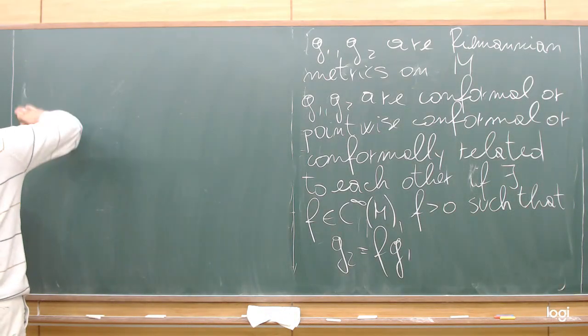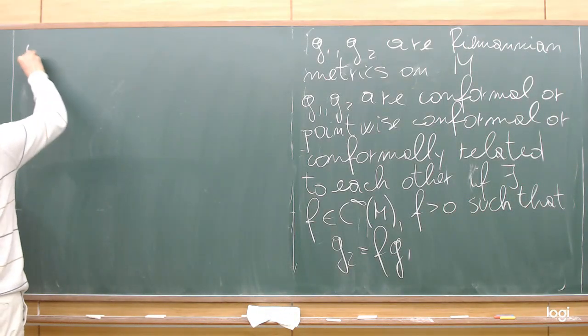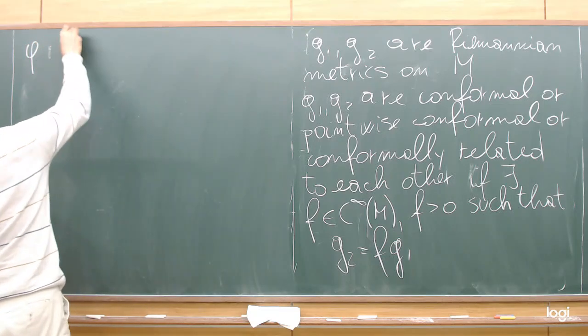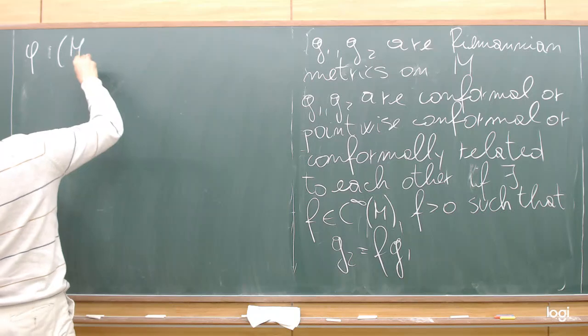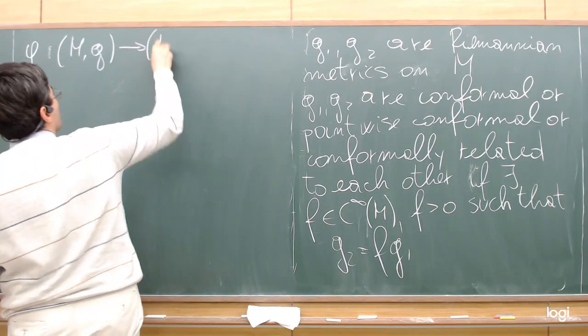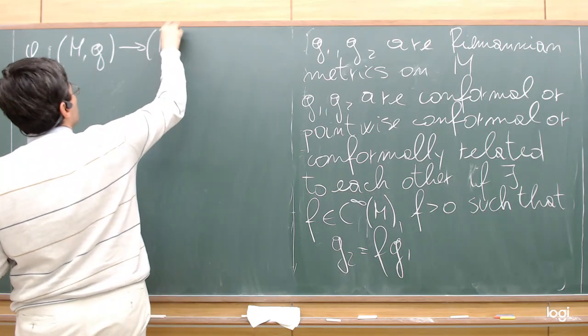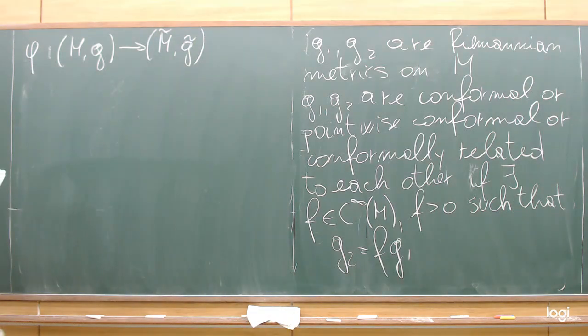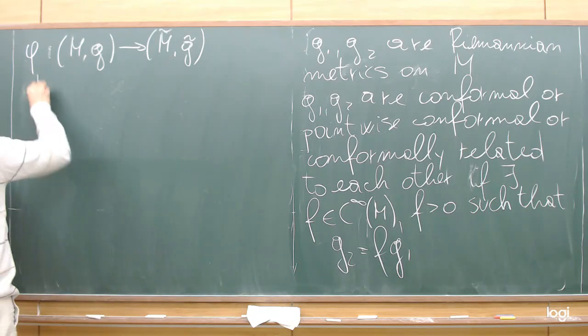Suppose that phi is a diffeomorphism between two Riemannian manifolds.